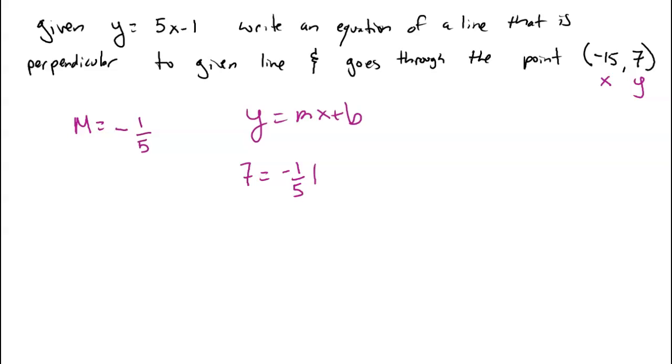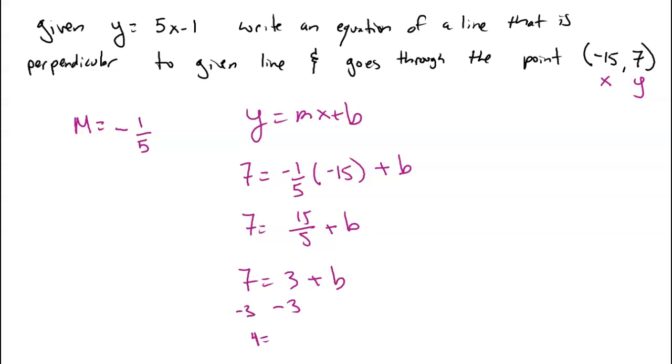My slope is 1/5. My x is negative 15 plus b. This is going to leave me with negative 15 over 5 plus b, which I can simplify down to just negative 3. I will add 3 to both sides, leaving me with 4 as my b value.